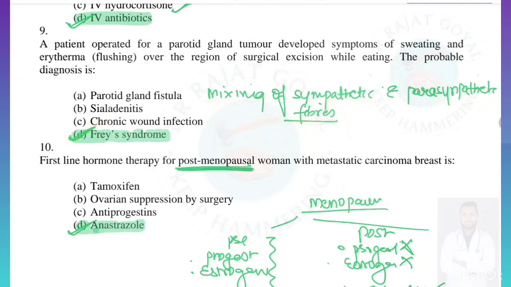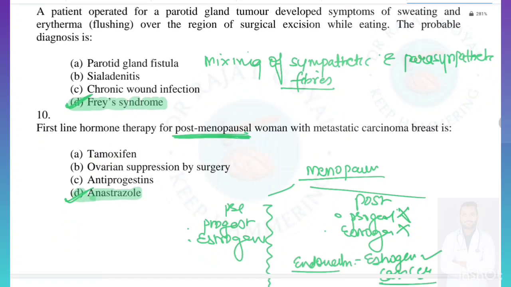First line hormonal therapy for postmenopausal women with metastatic carcinoma breast is. So when they are talking about the postmenopausal women, then we will prefer anastrozole, not tamoxifen. So here answer will be anastrozole. If they are talking about premenopausal, then we can give the tamoxifen.